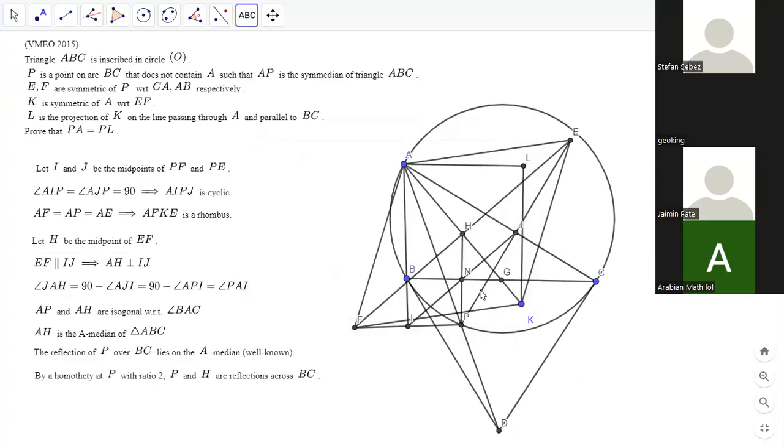And then it's kind of obvious at that point, by symmetry.